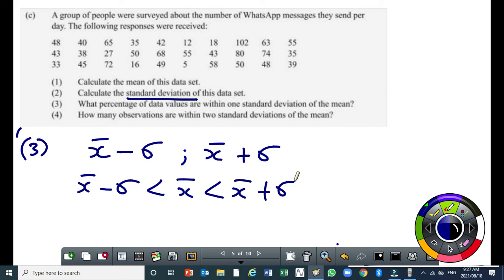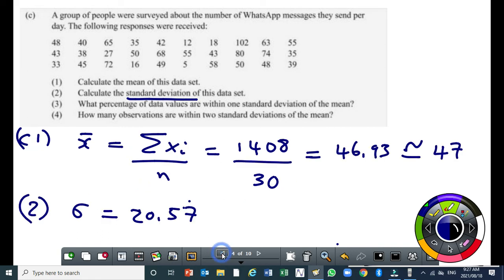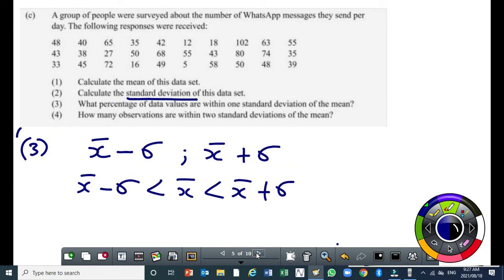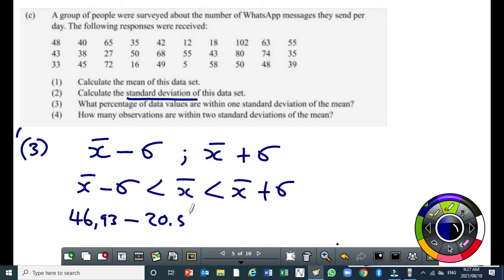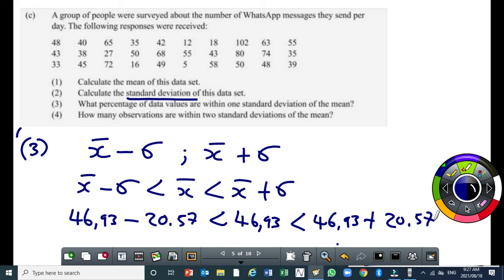Then, what is our x bar? We got it here. Please don't round it off. We use 46.93 minus sigma. We got sigma as 20.57. This is less than x bar, and our x bar is 46.93. Then x bar plus sigma, we just put a plus here, so it will be 46.93 plus 20.57.